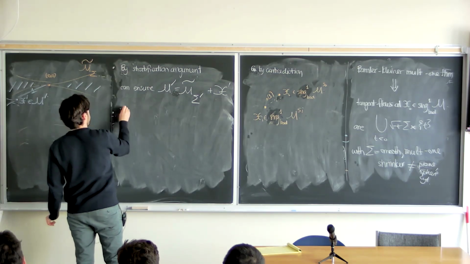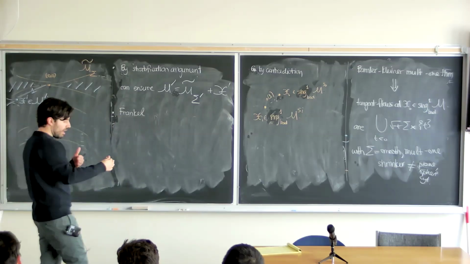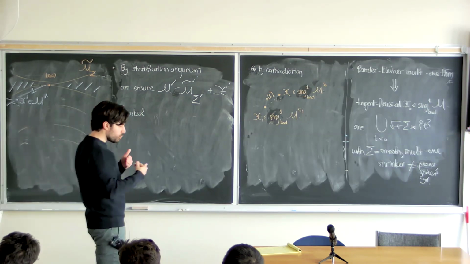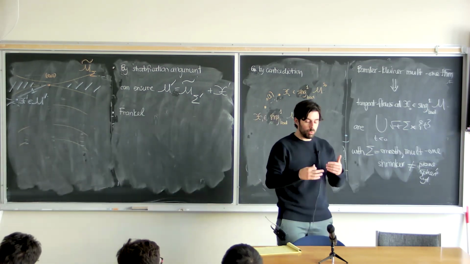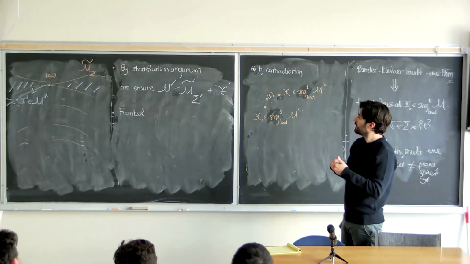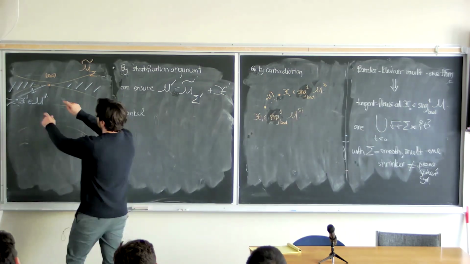There's a Frankel type theorem, which tells you that if you have two shrinkers whose tracks don't cross each other, disjoint or equal, then they must be the same shrinker. So sigma prime and sigma are the same thing.